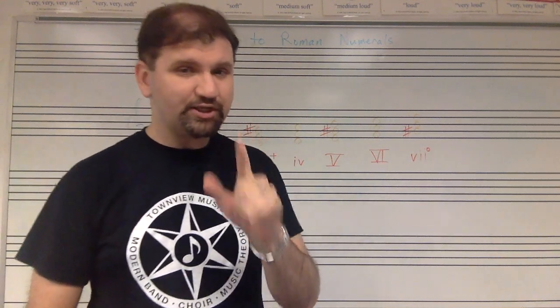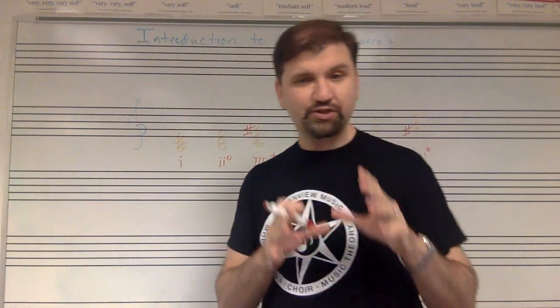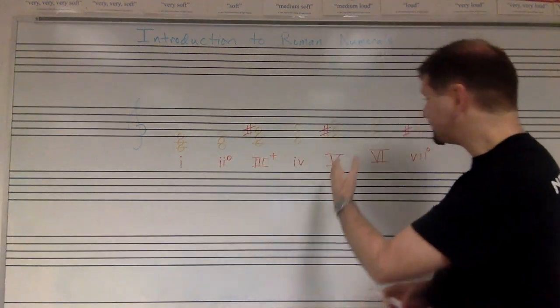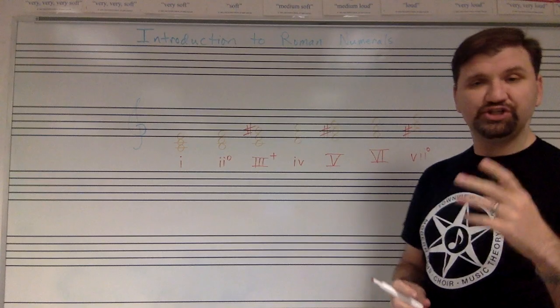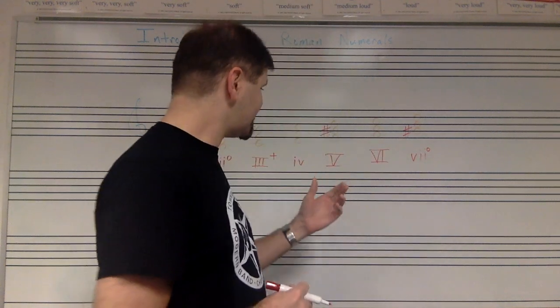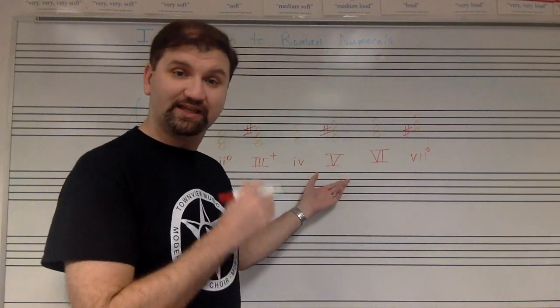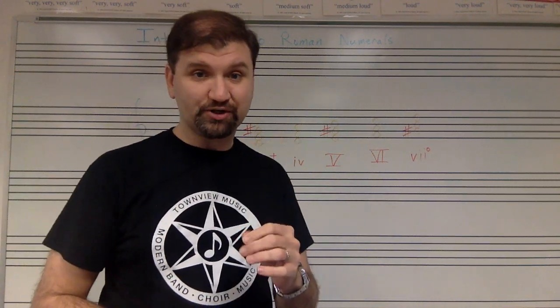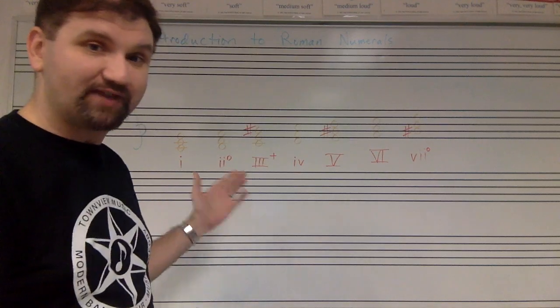You'll possibly notice that the major 5 and the diminished 7, in this case E major and G sharp diminished, are both chords from the parallel major key. So in this case, my major 5, E major, is the same chord as in A major, the parallel major of A minor.